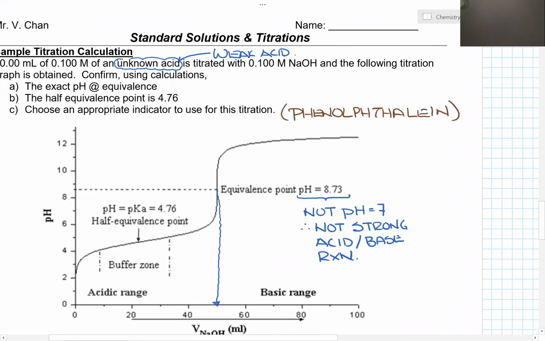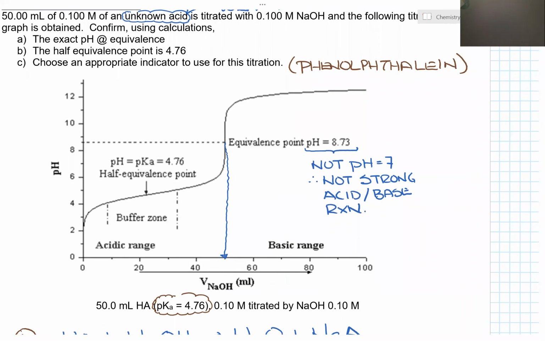Now, I want to go a little bit further and talk about B, what you mean by half equivalence point. And notice this half equivalence point is within this buffer zone. Okay? And what you notice is this: at the half equivalence point, this is where it's halfway to the equivalence point. So the volume added is halfway to the equivalence point.